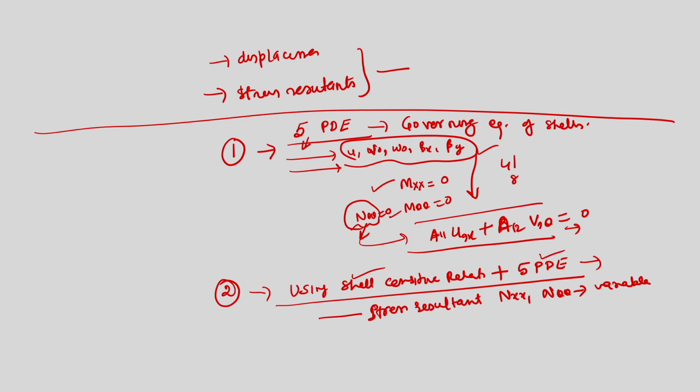So, in this paper, the second approach is used where u naught, v naught, w naught, beta x, beta y, nx, nx theta, n theta, n theta x, mx, mx theta, m theta and m theta x, qx and q theta.